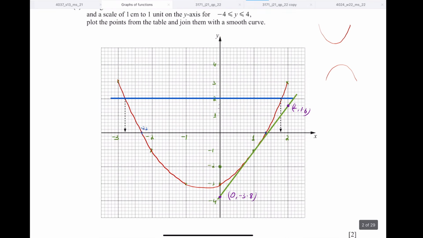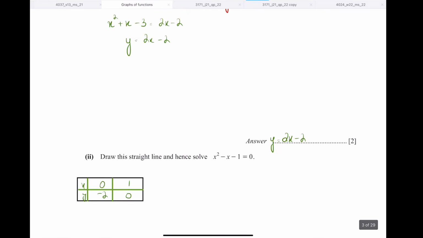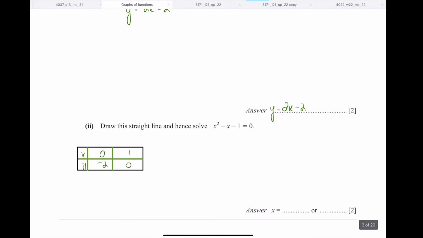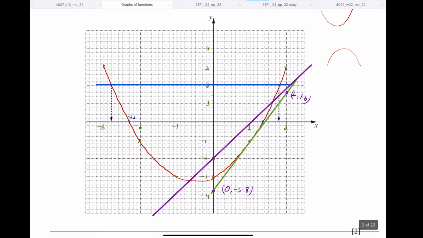Let's use purple. And at 1, it is 0. So that's it. You don't even have to find the point of intersection. Nothing. You just need to draw the straight line. So y equals to 2x minus 2 is the line that we've drawn here. And that's it. Okay. So is it clear now?